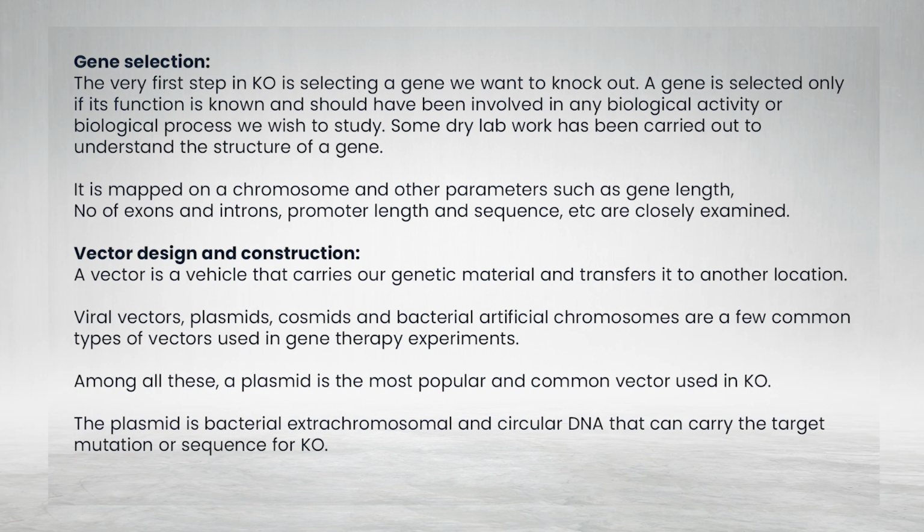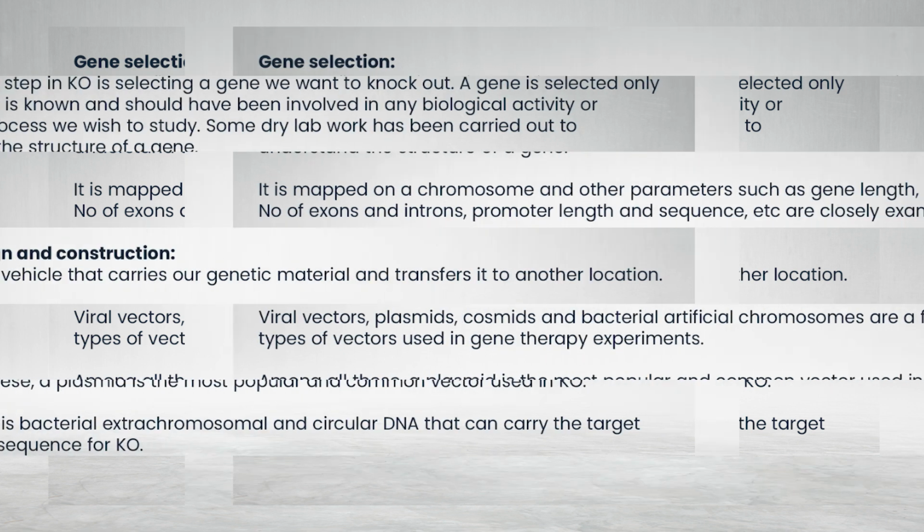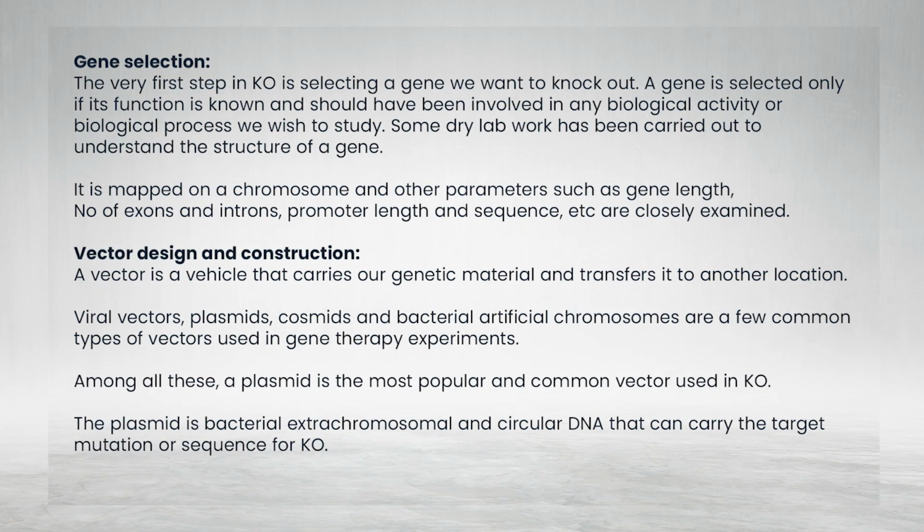Among all these, a plasmid is the most commonly used vector in knockout technology. A plasmid is nothing but bacterial extra chromosomal and circular DNA that can carry the target mutation or sequence for knockout.